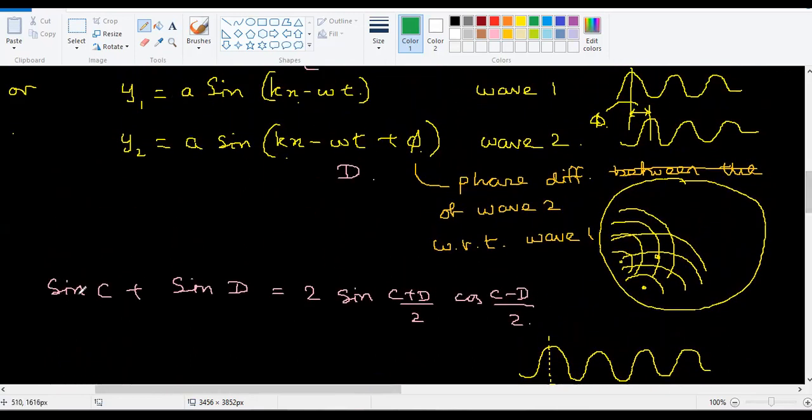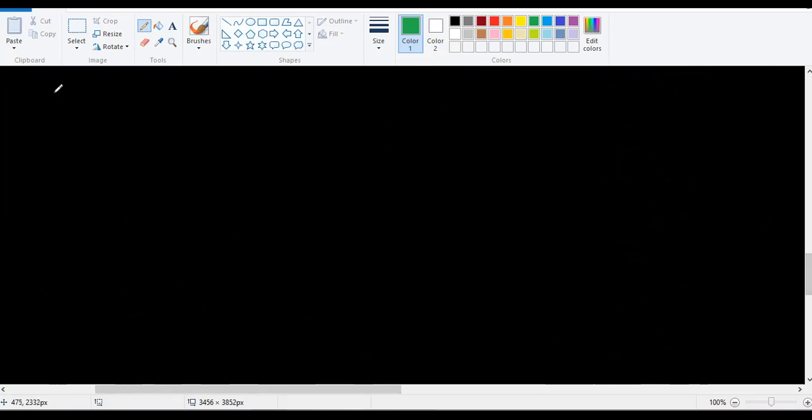Suppose I apply this formula here, I will get this term plus this term. Let me write it in yellow. Y1 plus Y2, I'll be getting 2 times A sine of (C plus D) by 2.